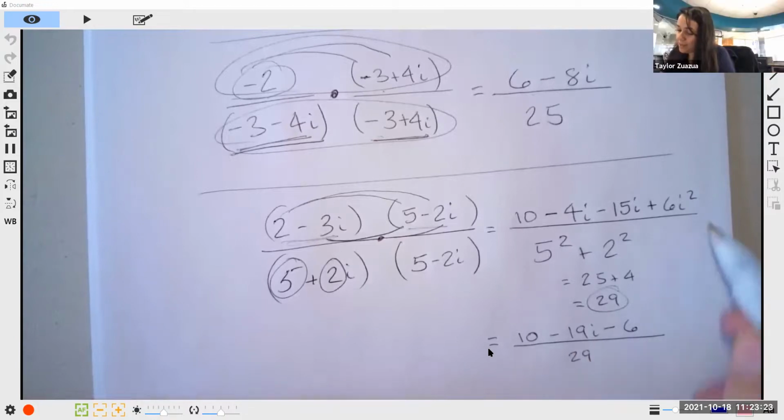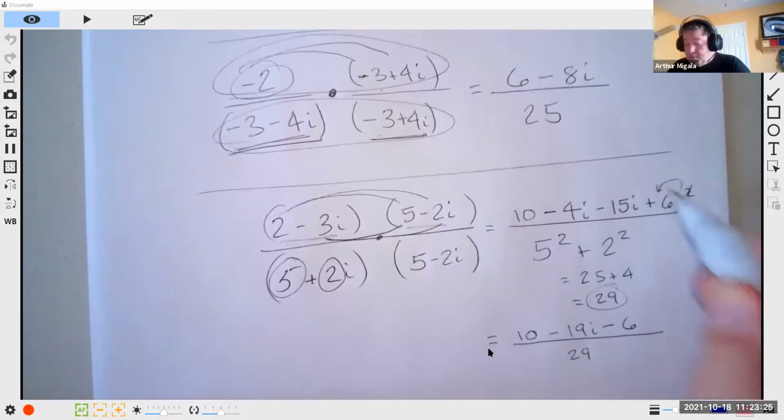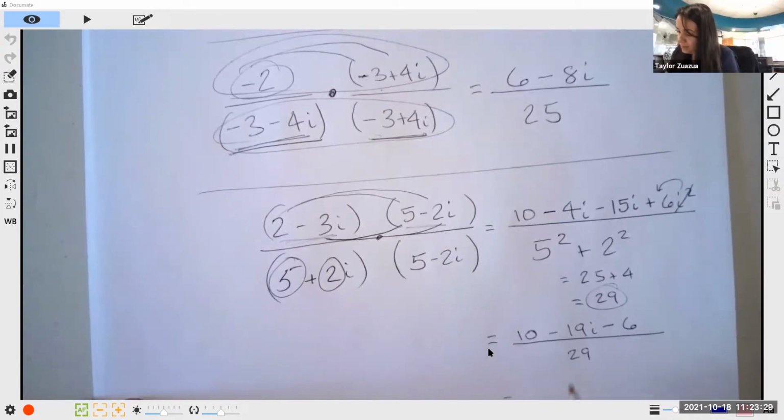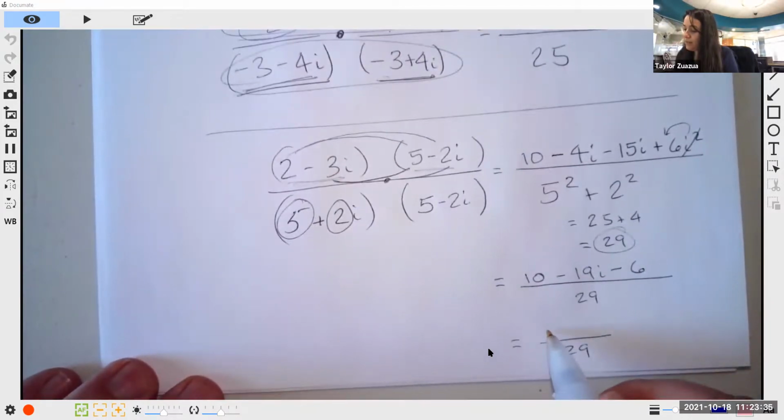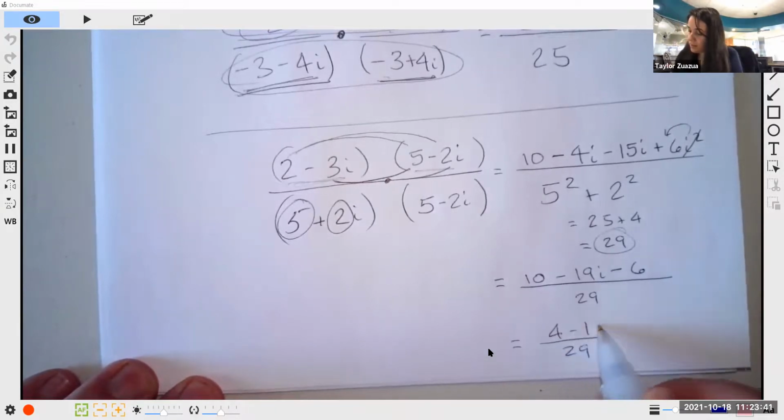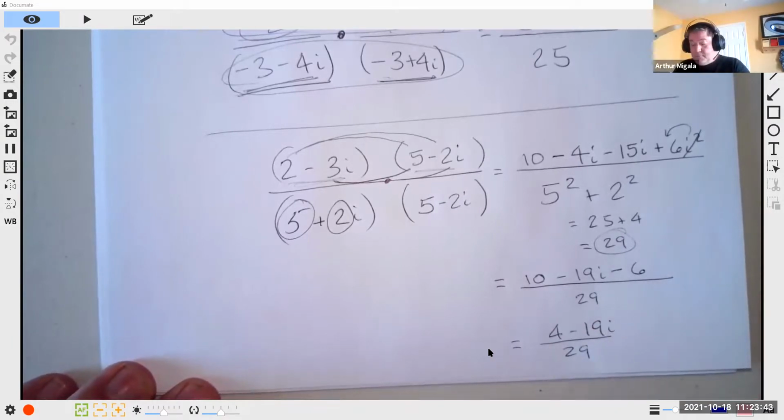You change the sign of the coefficient, so it's minus 6. Right. We have 19i, 10 minus 6, so it's 4 minus 19i over 29. That's your answer.